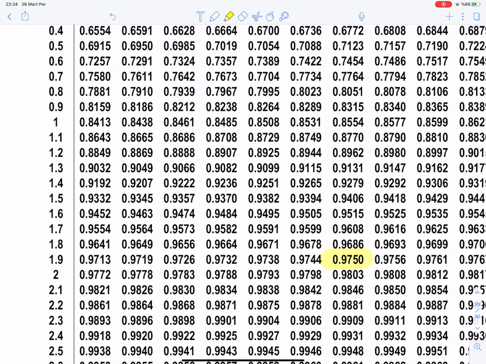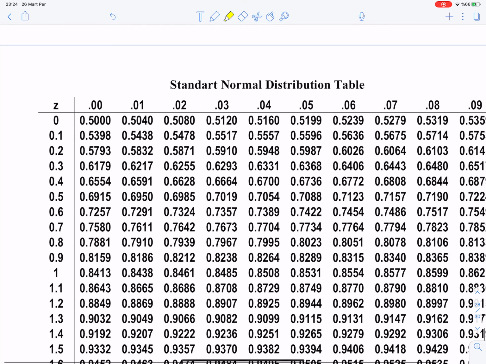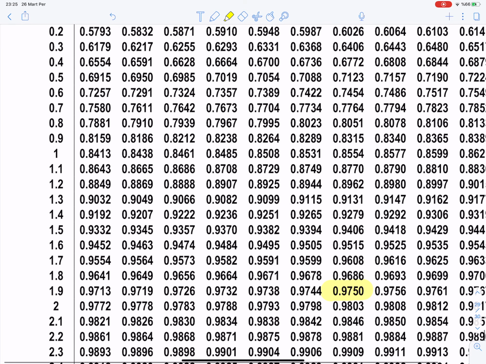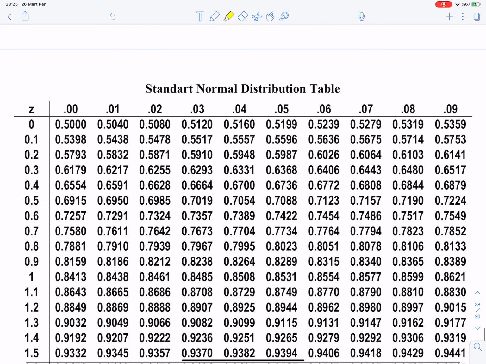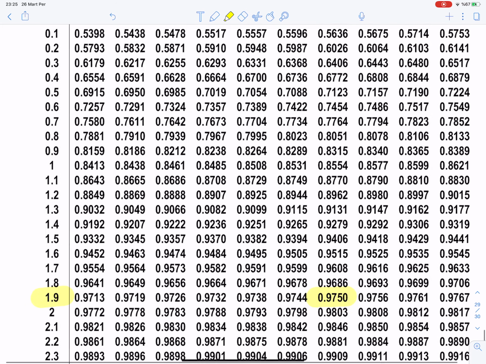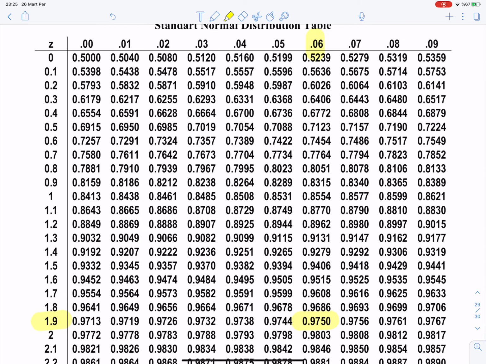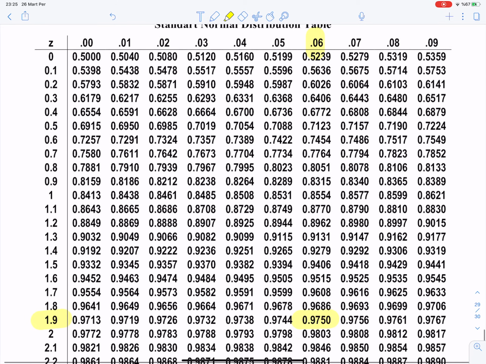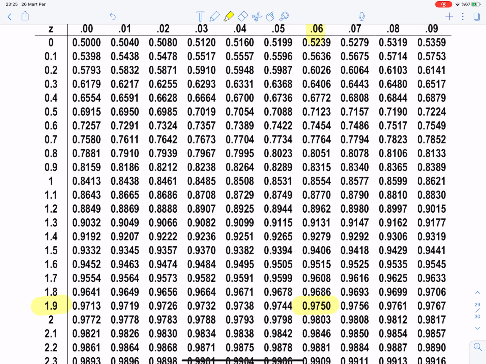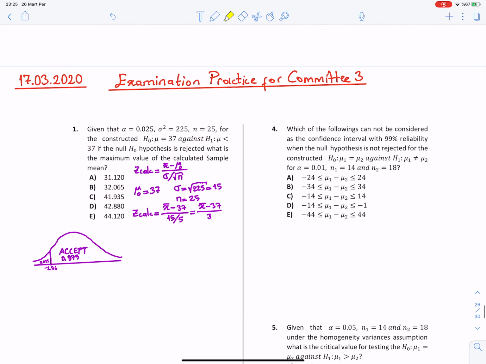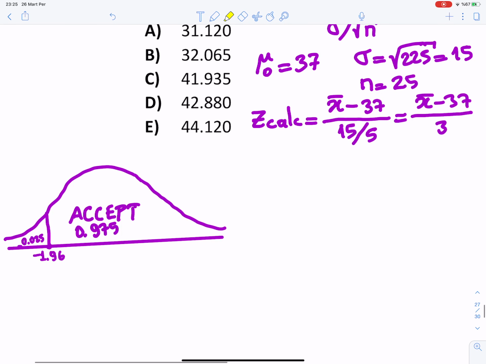It is 1.96: the row 1.9 and the column 0.06. If you get the intersection, the value is 0.975. So the critical value will be 1.96. It is left-sided, and you should place the negative sign, so it is minus 1.96.